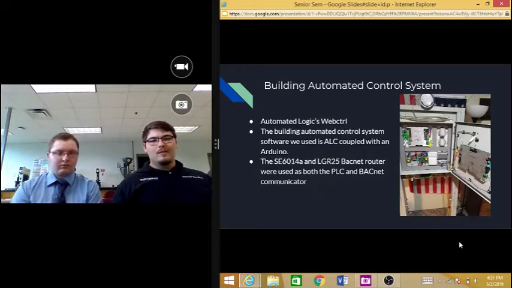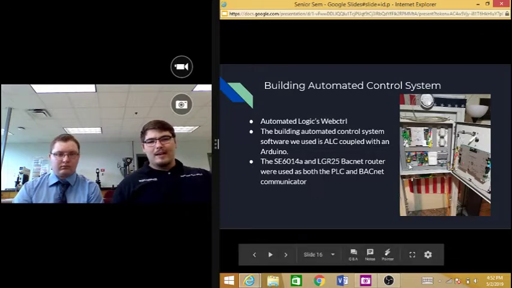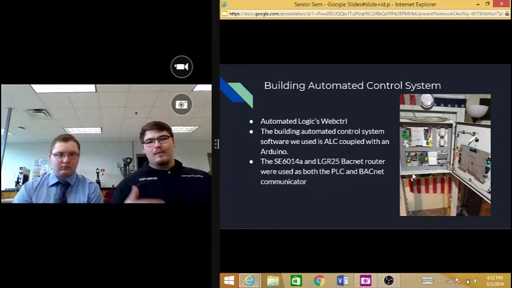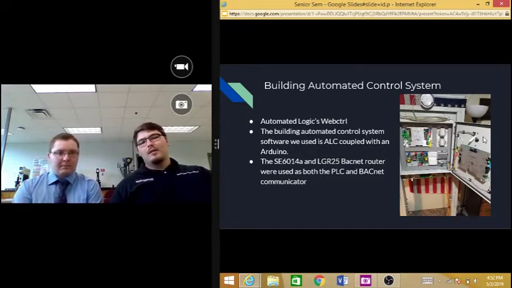These are very, very expensive controls, about $10,000 worth of controls, including a diagnostic board right here, and another diagnostic board right here, and then the repeater right here, where we had serial communication from the LGR to the SE module, and then also another serial communication going to the zone sensor, which measured temperature and humidity and occupancy, just kind of like a wall type of temperature sensor. It's called a T-stat or thermostat.